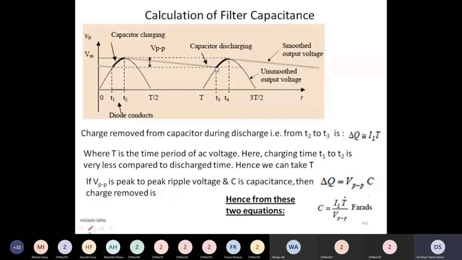From time 0 to T by 2, we have a positive half wave. Then from time T by 2 to time T, we have 0 volts. Without using the capacitor, the V ripple is equal to VPP, that is the maximum voltage of the input voltage minus the minimum voltage of the input voltage.